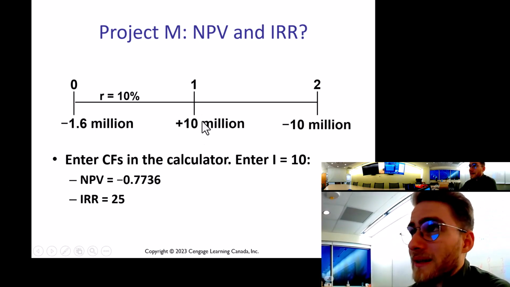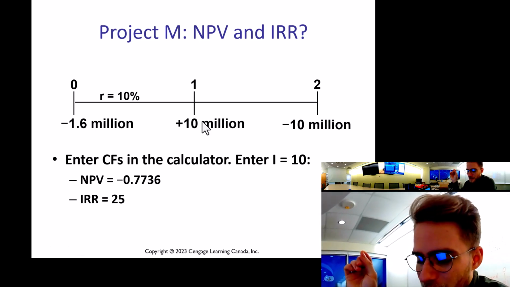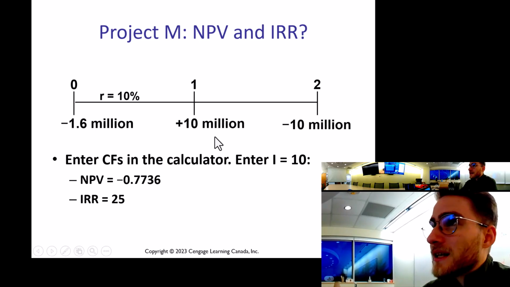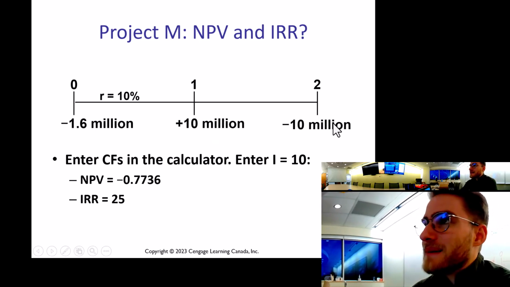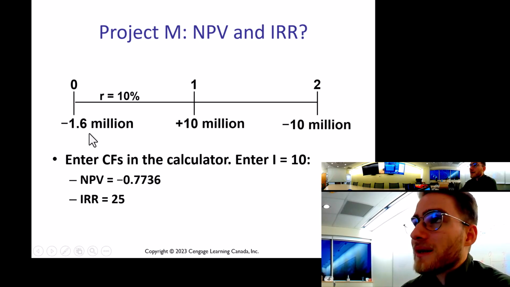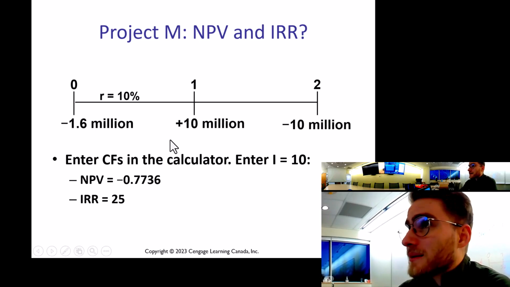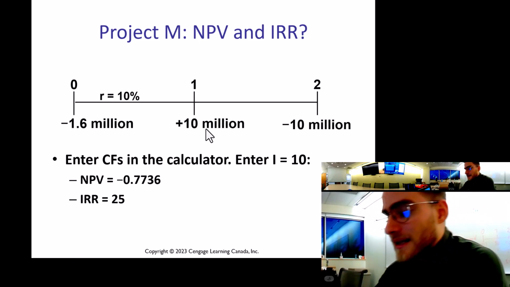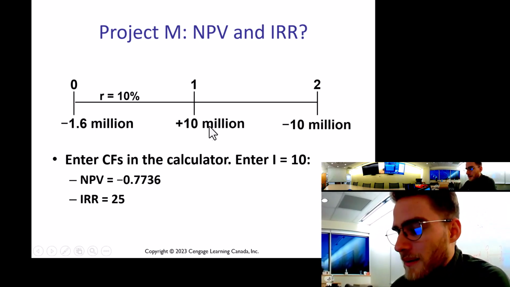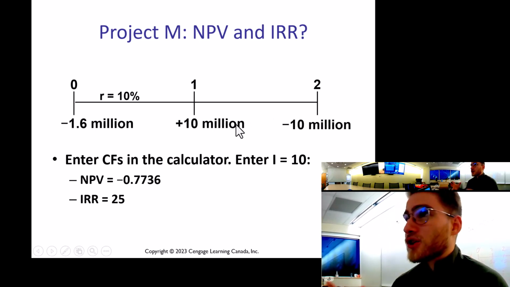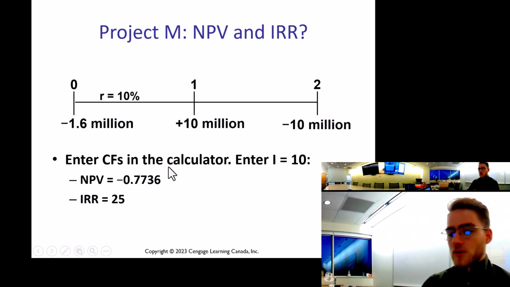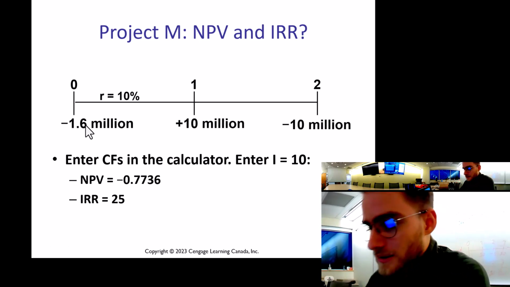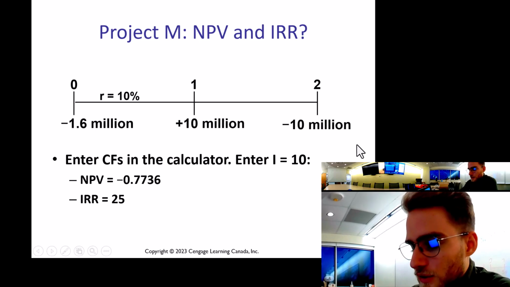So at some point, if I increase my discount rate enough, this 10 million here is going to be worth more than this 10 million outflow and this initial 1.6, just by mathematics. And if I keep cranking it up, that trend's going to increase until I discount these so much that they're worth so little that they're not even worth the 1.6 mil anymore. And then that's when we hit 400%. So that's what's happening here.